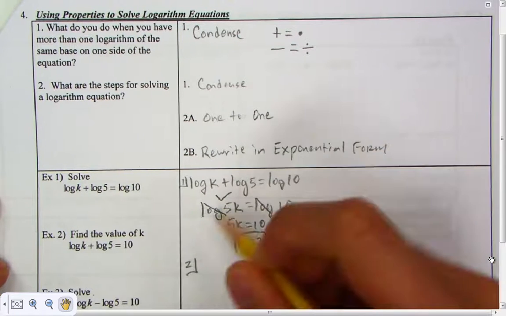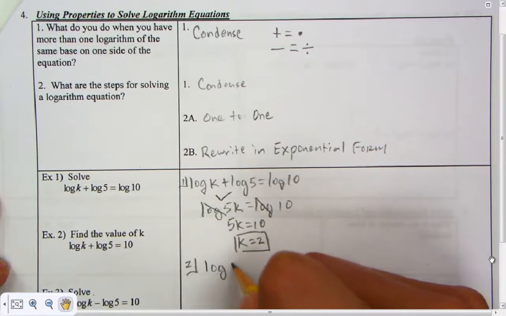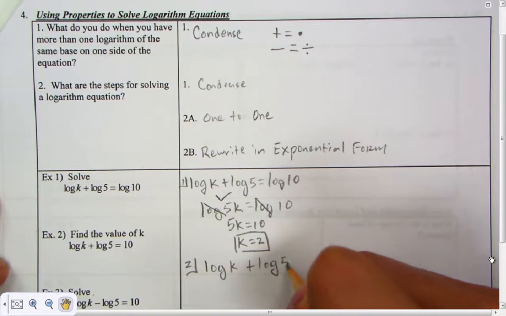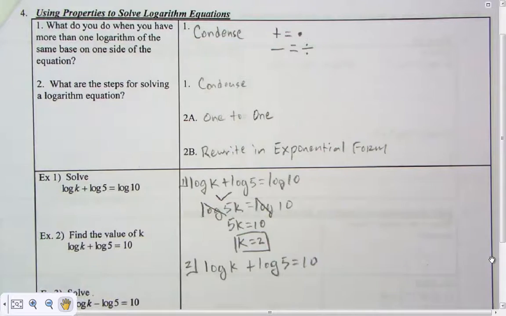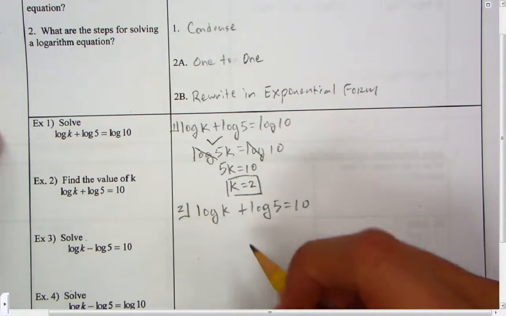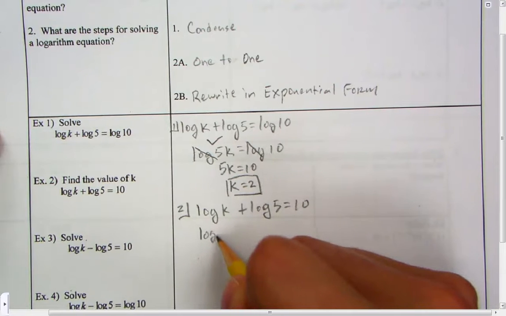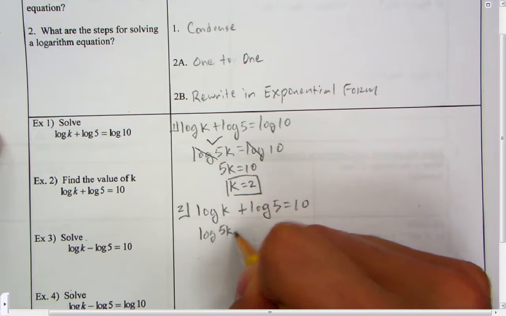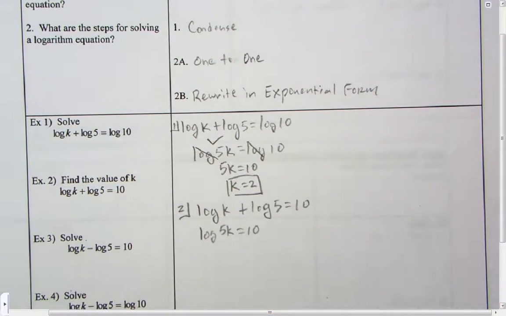Example number 2. Log k plus log 5 equals 10. The first step is to condense. So this is going to be log. These two logs become one log. Plus means multiply, so it's going to be 5k equals 10.